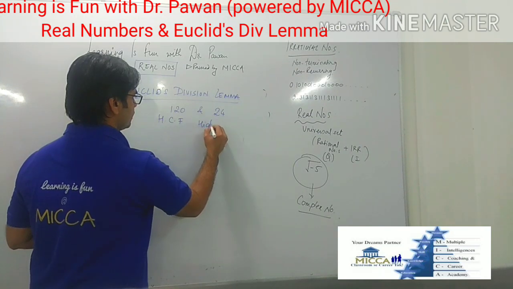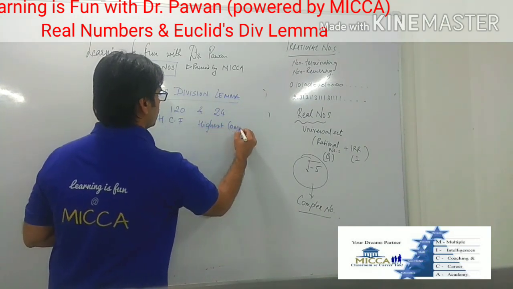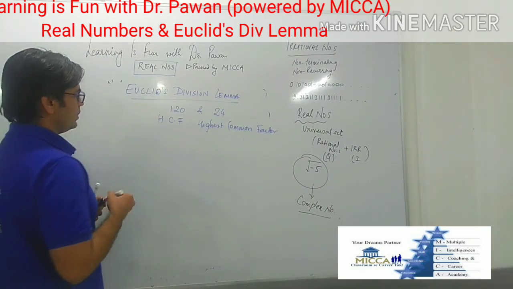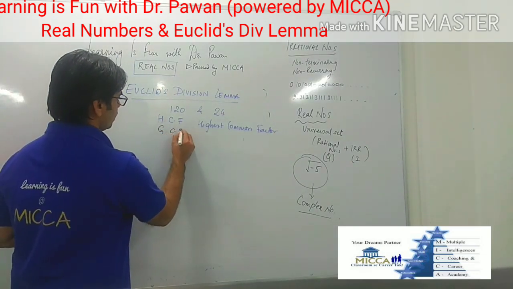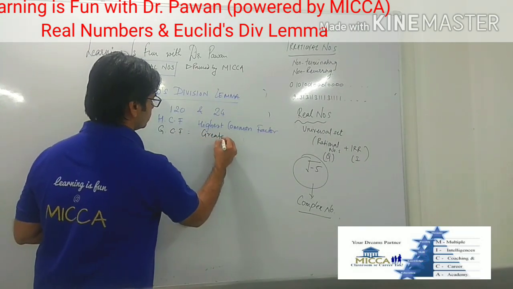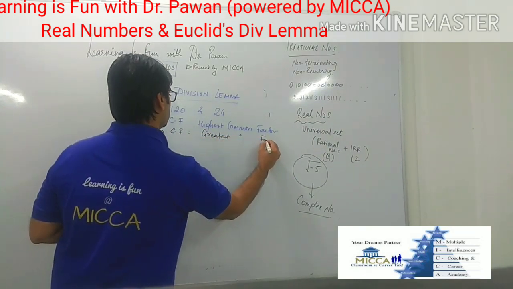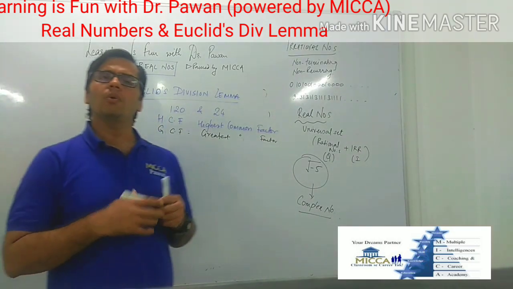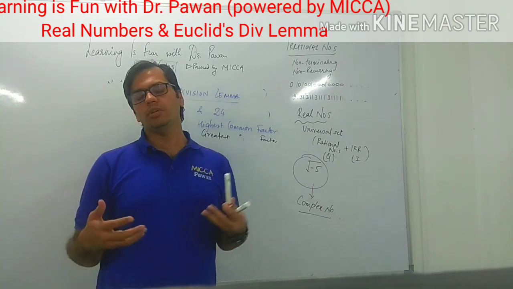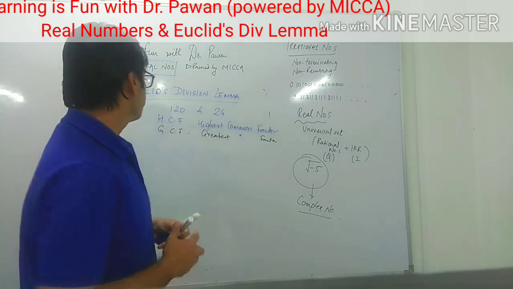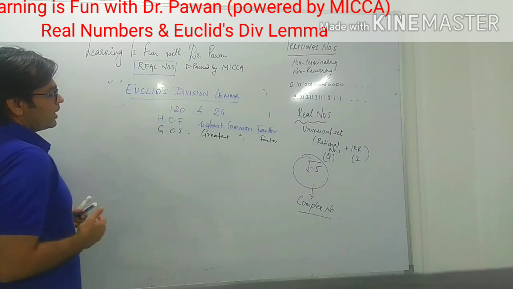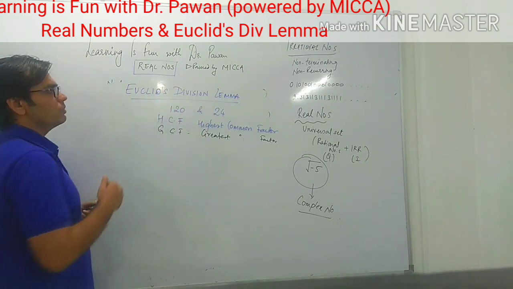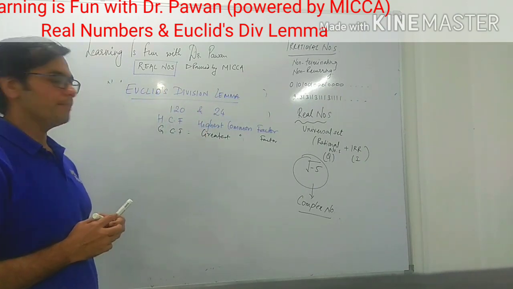It's highest common factor. Sometimes it is also called GCF, greatest common factor. It means the same: the maximum that is common between two numbers. So I have to find HCF of 120 and 24 using Euclid's division lemma.